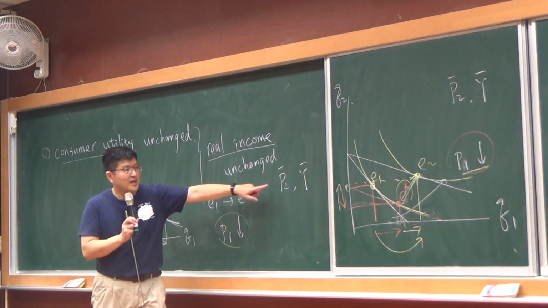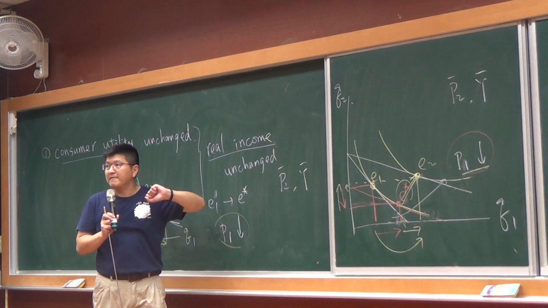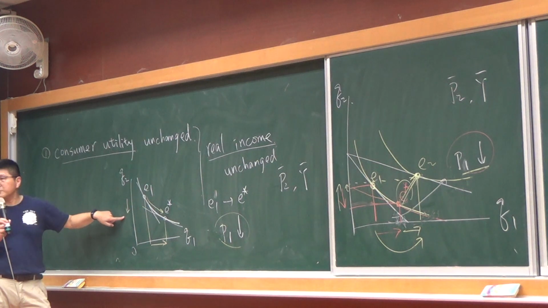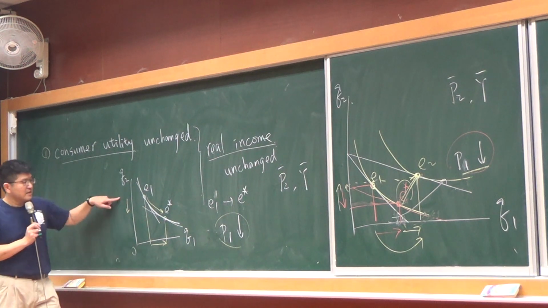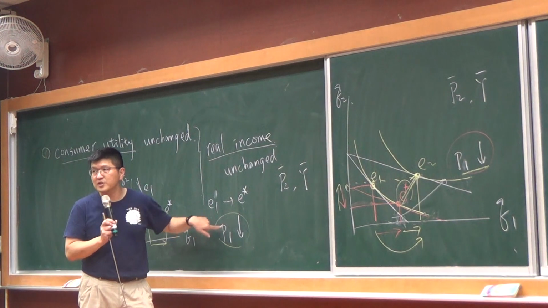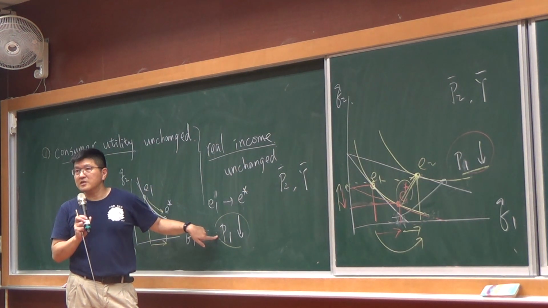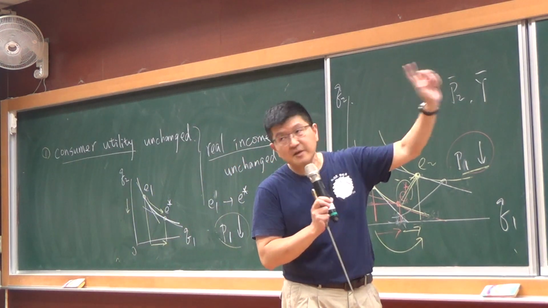So the price of good 2 is relatively higher, then we reduce the consumption on good 2. So more good 1, less good 2 because of the relative price change. This is what we call negative substitution effect.